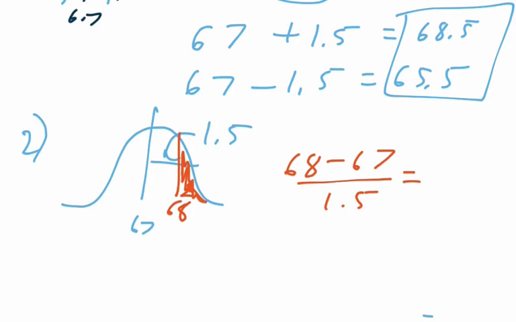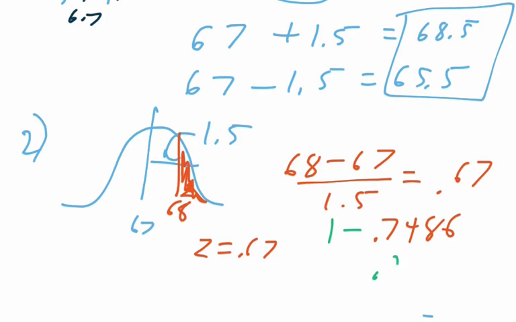So 68 minus 67 divided by 1.5 is basically 0.67. If you are looking at the table, you look up a z-score of 0.67, and you get the answer of 0.7486. But that's not the answer because we're subtracting it from 1, which is 0.2514.